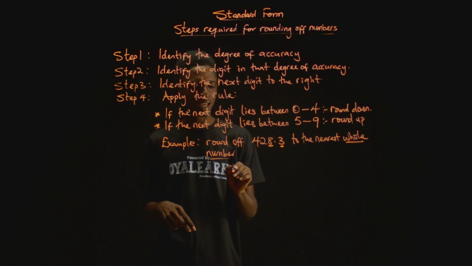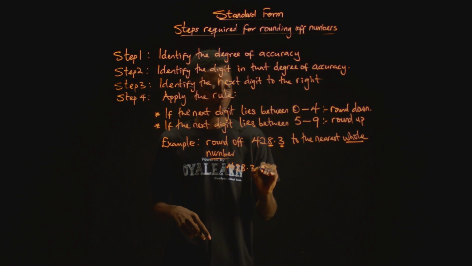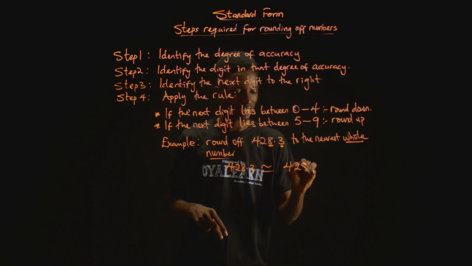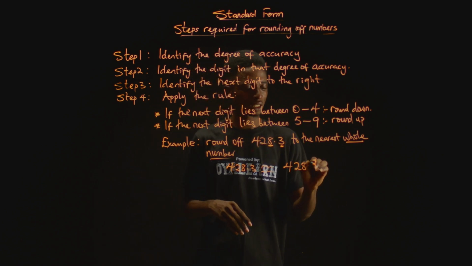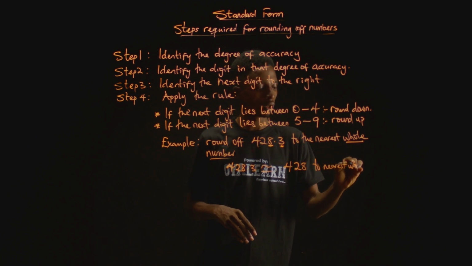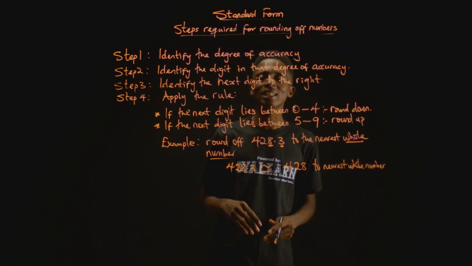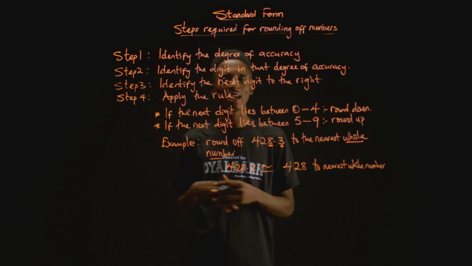So what we will have there is that our 428.3 is then approximately 428, where this 3 has become 0. And this is to the nearest whole number. And those are the rules that when we follow, we can easily round off any number.